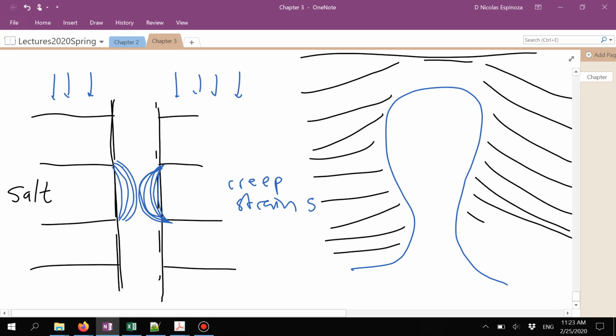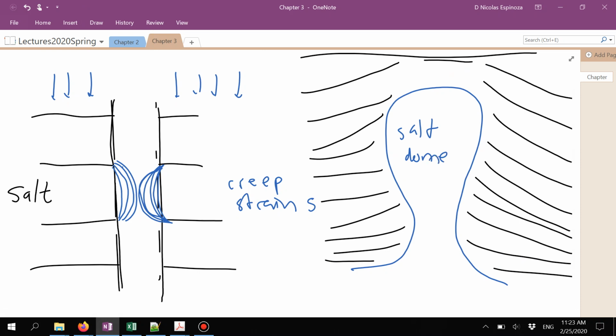A salt layer is deposited, and because of the low density of the salt, it tends to rise. And as it rises, it breaks up through all the sedimentary layers on top.